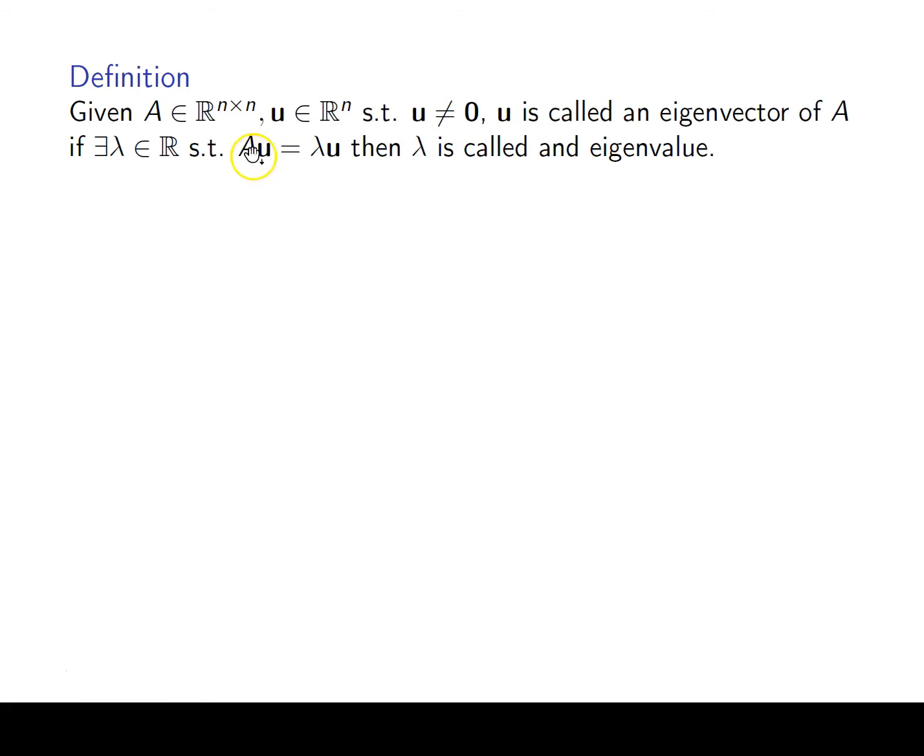Then if our matrix times our vector just gives us out a constant multiple of that vector, then that constant multiple value is an eigenvalue, and the vector U is called an eigenvector, because this doesn't work for every vector. It's just certain sets of vectors that this transformation does this to. So U is our eigenvector, lambda is our eigenvalue. That's the definition, that's the explanation. Hopefully that made sense to you guys. If not, it's on video so you can rewind it and listen again.